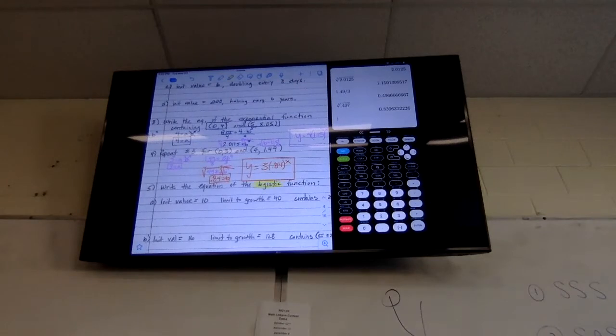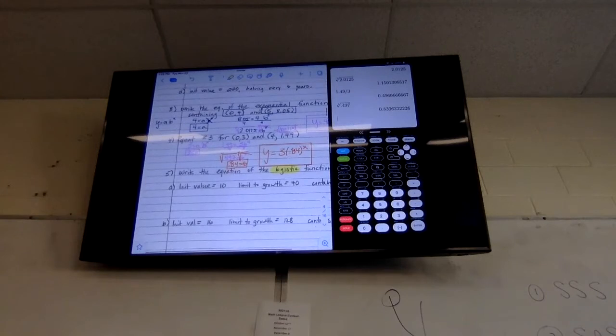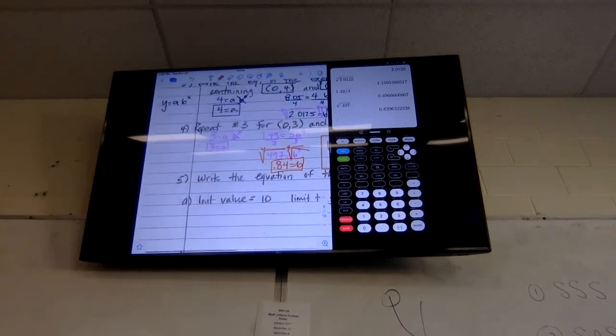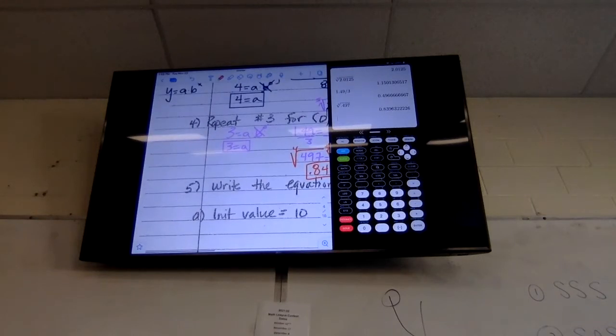So we're actually taking the same concept of these exponentials, but instead of my equation being y equals a times b to the x, my equation is going to be y equals c over 1 plus a times b to the x. So that's my logistic general equation.